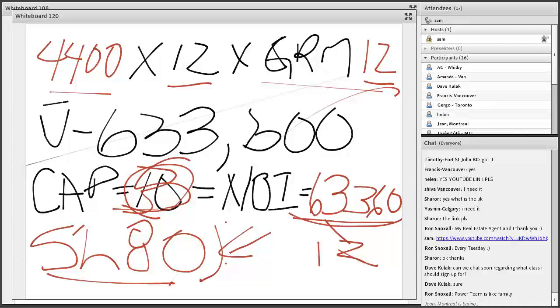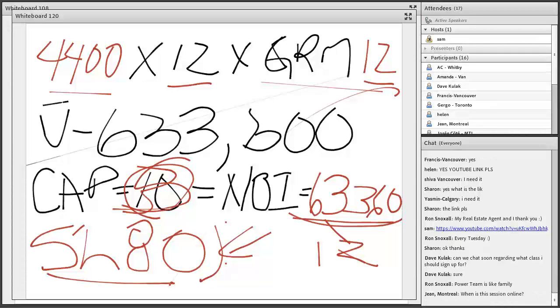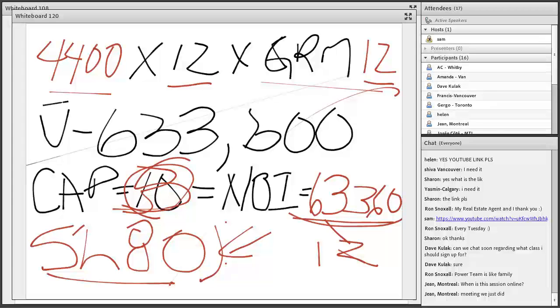Yeah, Dave, you know what? Send me a text tomorrow. We'll chat. Ron, we're going to chat tomorrow too, okay? Afternoon is better for me tomorrow, so just text me and we'll set up a time. Power team is like family. Yeah, Ron, it is. Treat them well.